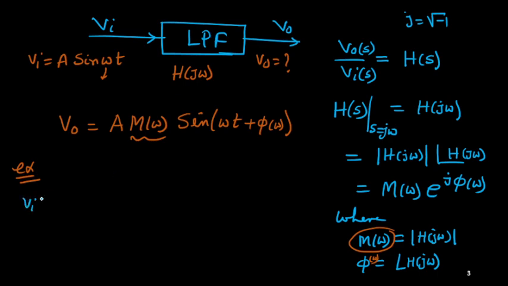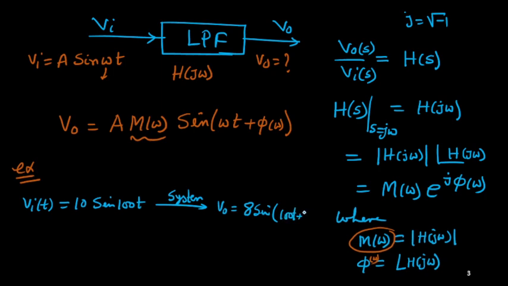Suppose the input Vi(t) is 10 sine 100t. It is passing through that system, and at the output end, using this formulation, we get 8 sine of 100t plus something, suppose pi by 4. This angle is added. This is for example.